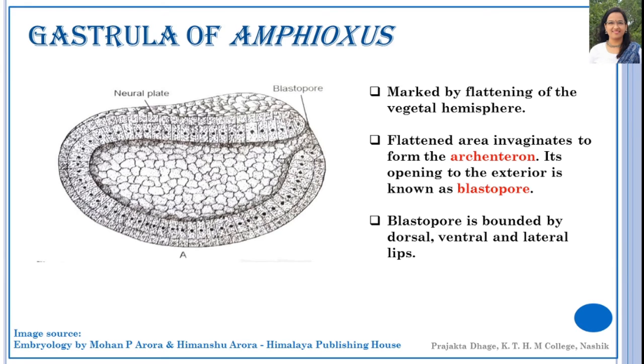The archenteron increases gradually and ultimately occupies the entire space of the blastocoel. The embryo at this stage is referred to as the gastrula. So here what you see is the gastrula of Amphioxus.